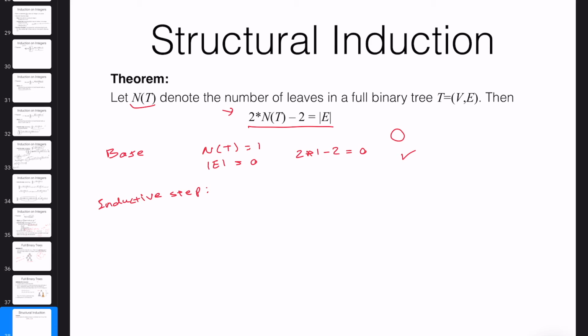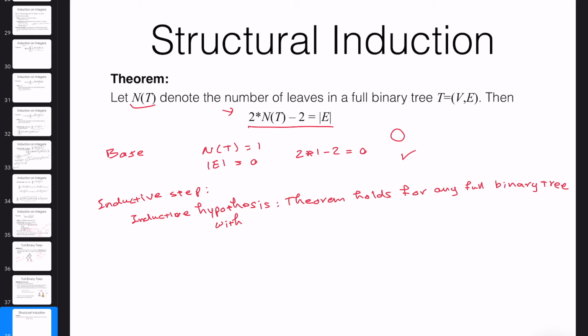So our hypothesis is that this theorem holds for any full binary tree with leaf nodes equal to k, or anything smaller than that.